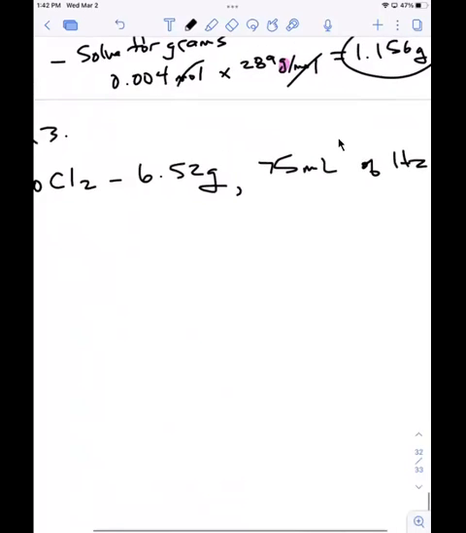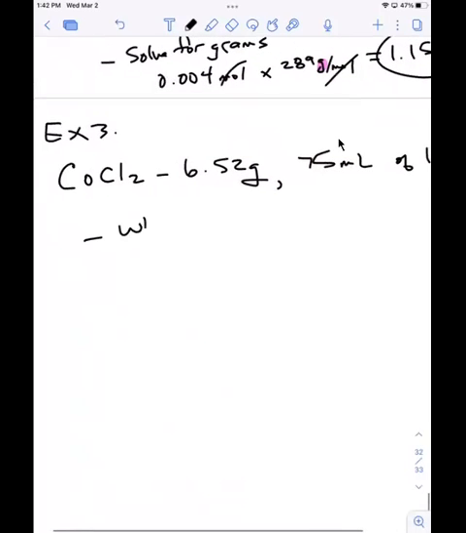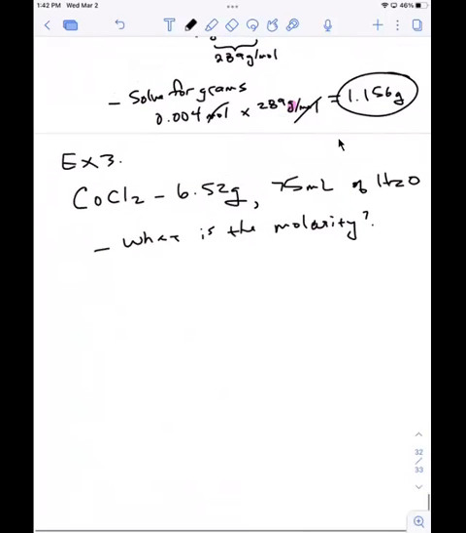All right, what is the molarity? How do we calculate the molarity from grams of cobalt chloride? Cobalt 2 chloride, by the way.